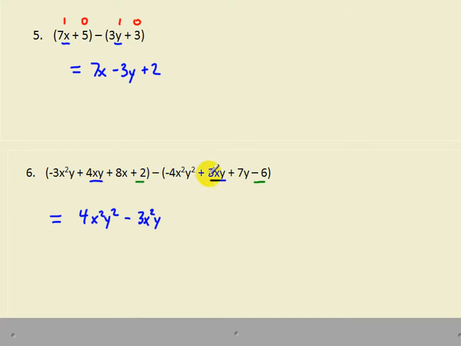So 4xy minus 3xy will be 1xy, or just xy. Now we look for x by itself, which is right here, plus 8x. Now we have a term with y by itself, so we're subtracting a positive 7y, so minus 7y. And then finally the constants. We have 2 minus negative 6, which is a positive 8.